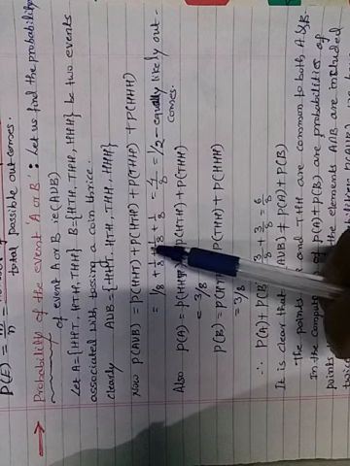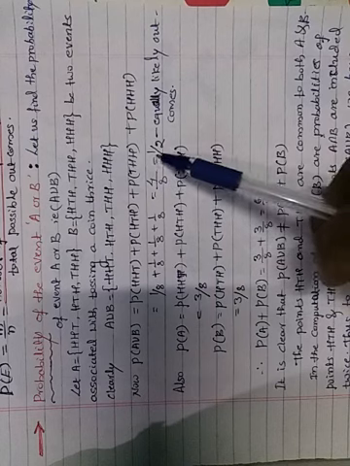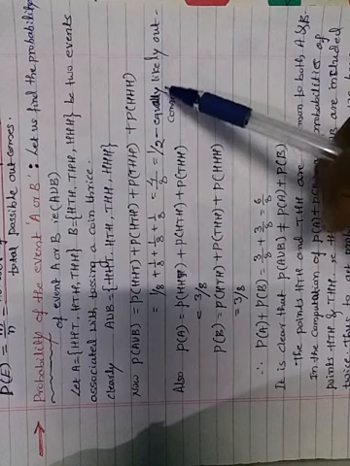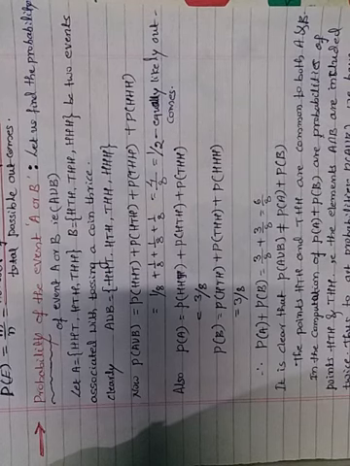Similarly, 1 by 8 plus 1 by 8 plus 1 by 8 plus 1 by 8 equals 4 by 8, which gives 1 by 2. These are equally likely outcomes.